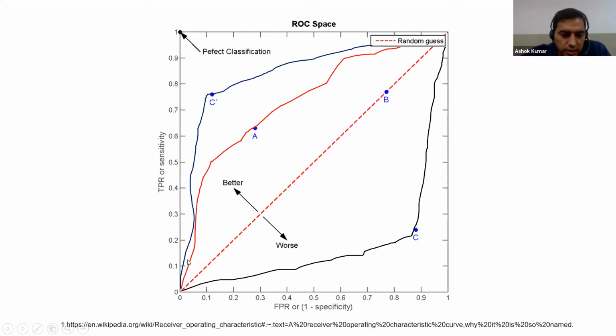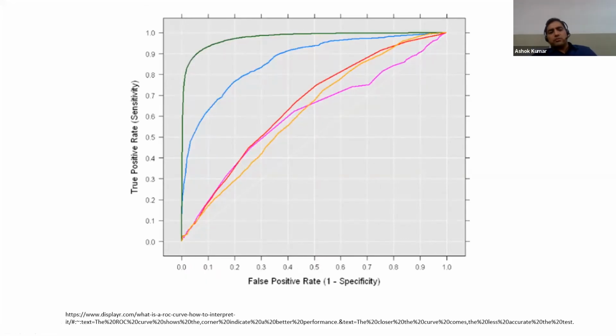You can see there are two curves, curve A and curve C. You can see which is better. C is better at detecting disease positivity or negativity compared to A. So this is a ROC curve with different tests, and we can compare them to detect a disease. You can see here yellow, purple, red, blue and green colors.